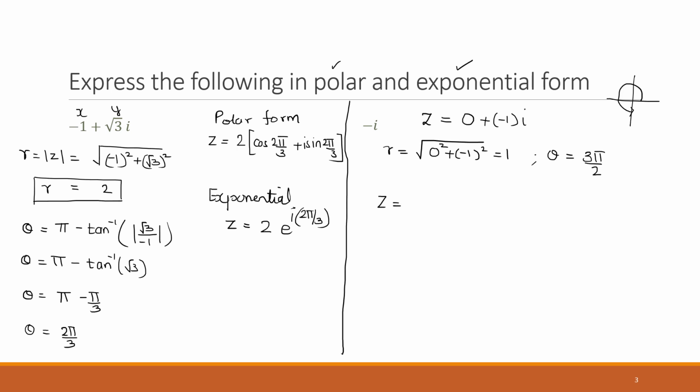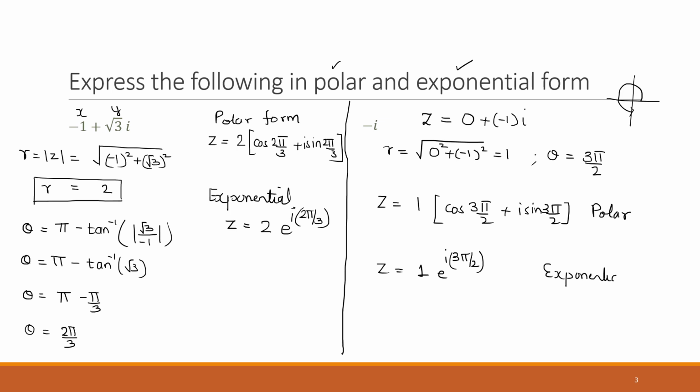So z becomes r cos theta plus I sin theta, correct? This is my polar form. और एक्सपोनेंशियल क्या आएगा? r e raised to I theta, that is exponential form.